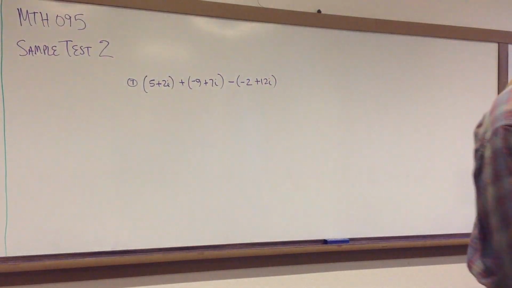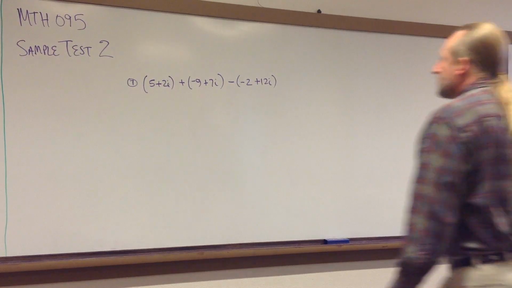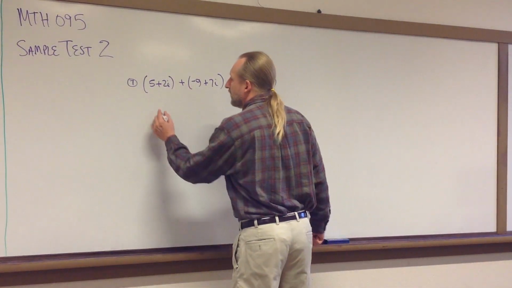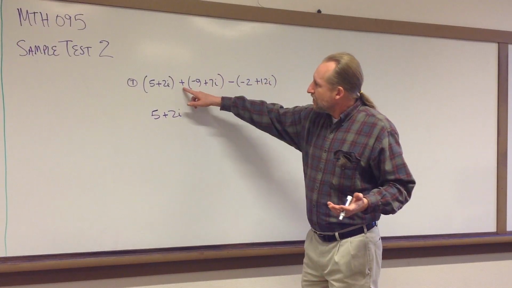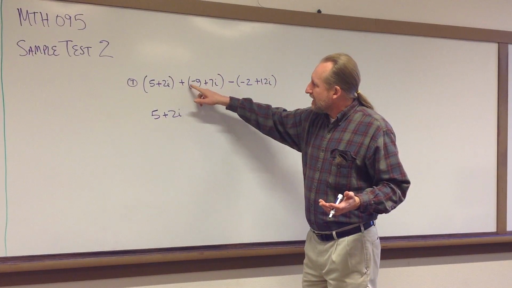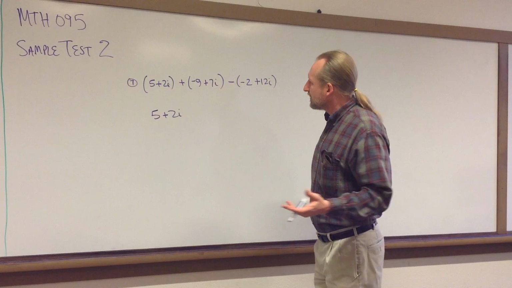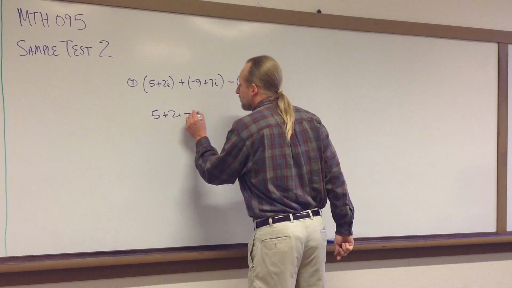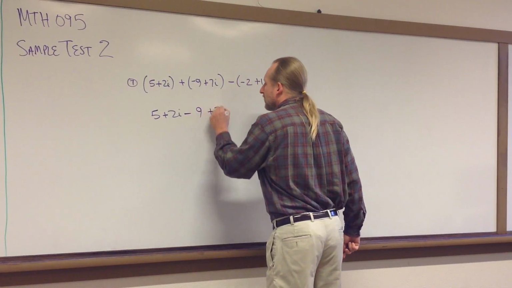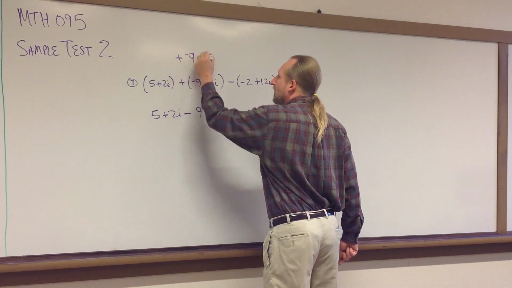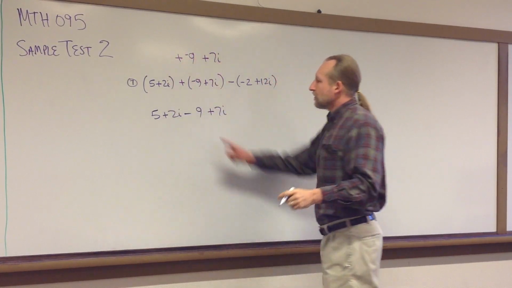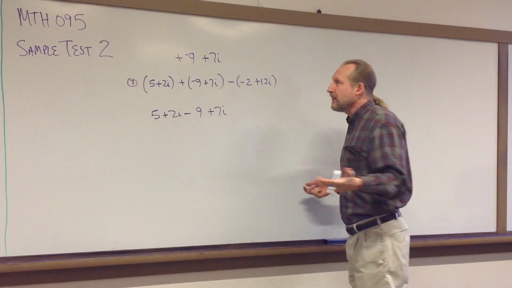Okay, so if you want to get rid of these parentheses, right here you could say plus negative 9 plus 7i. That's fine. I'm going to write this as minus 9 plus 7i. Whether you say plus negative 9 plus 7i or minus 9 plus 7i, it's the same thing.